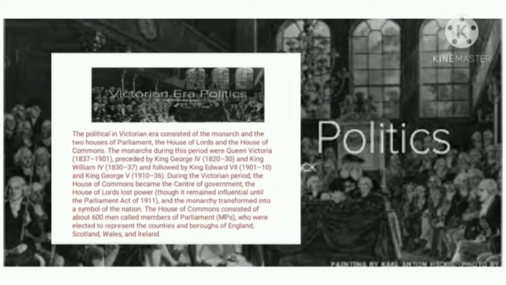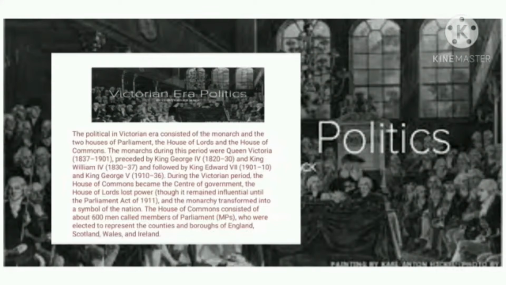During the Victorian period, the House of Commons became the center of government. The House of Lords lost power, though it remained influential until the Parliament Act of 1911, and the monarch transformed into a symbol of the nation.